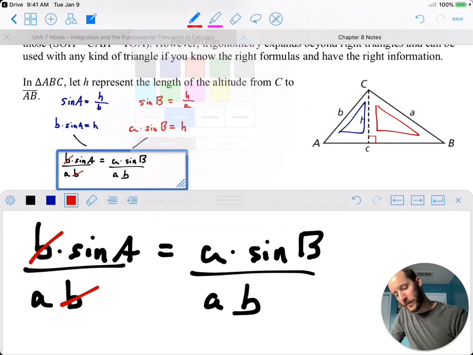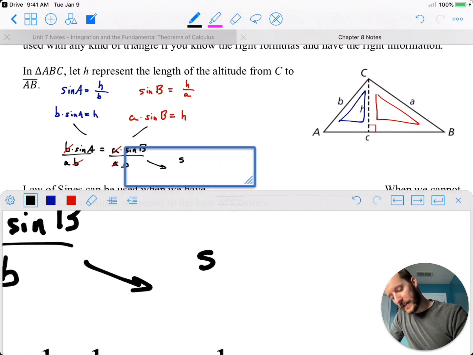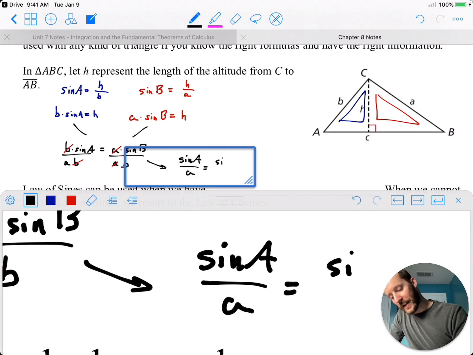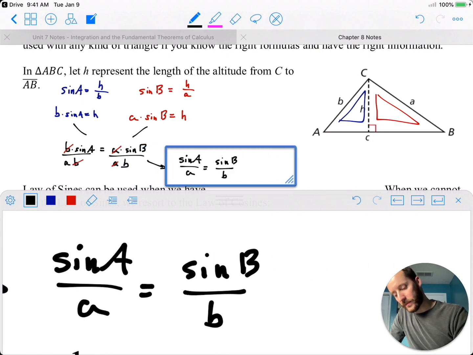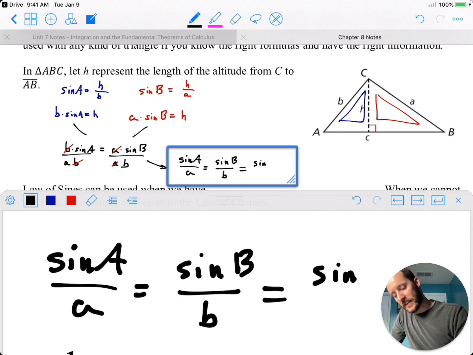On the right side, the a's cancel out. And now you have the sine of angle A over little a equals the sine of angle B over little b. And this can be generalized by the same argument: sine of angle C over little c.